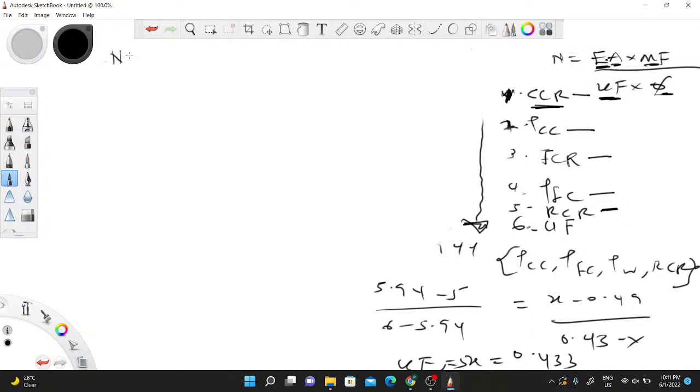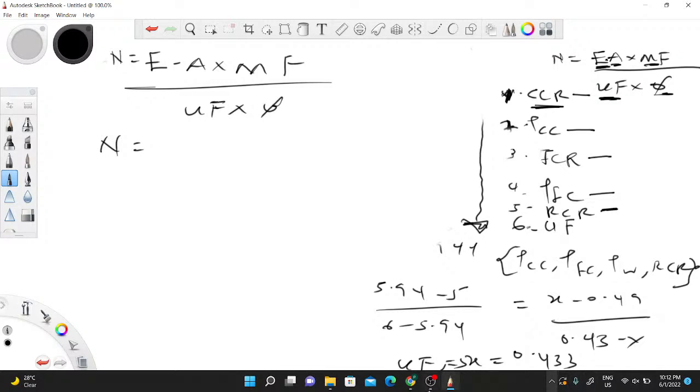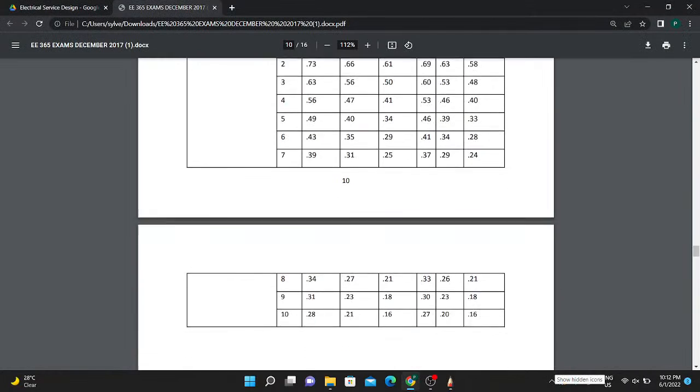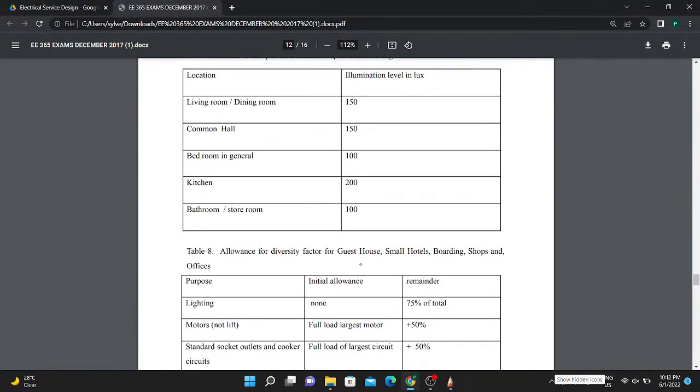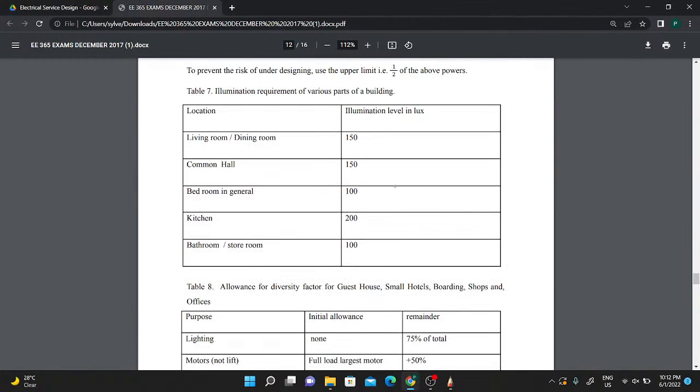Now that I have my UF, I can find my number of lamps. The number of lamps is given by E times A over MF over UF times 5, 3,300. Table 7 gives us the illumination table. A master bedroom is a bedroom, so it has illumination of 100.